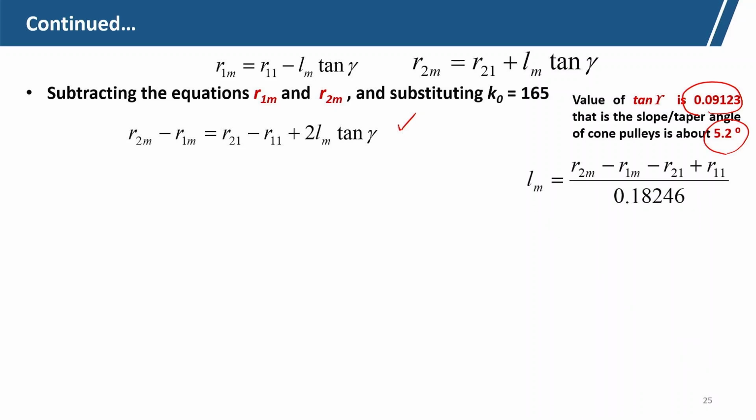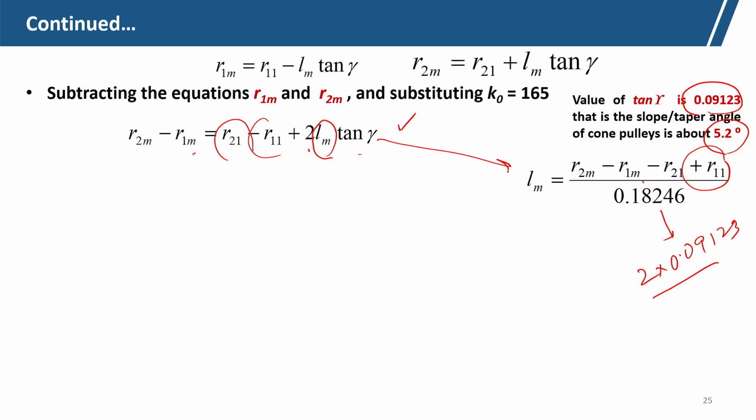Now, Lm here equals R2m minus R1m minus R2m plus R11 divided by 2 multiplied by 0.09123. So, from there we get this relationship.